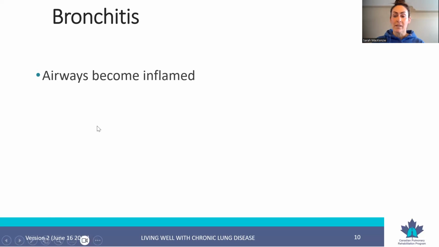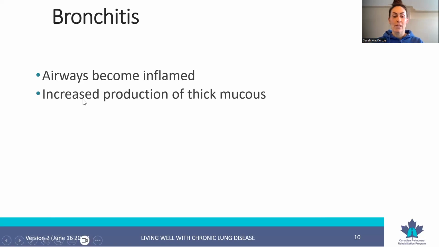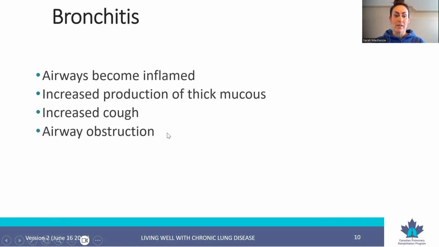Okay, so basically with bronchitis, your airways become inflamed, you have an increased production of thick mucus, your body will trigger cough to get rid of that mucus, and this leads to airway obstruction. So chronic obstructive pulmonary disease, there is something obstructing the airway. So the trouble with all the COPDs is getting the air out, okay? This leads to trapped air.